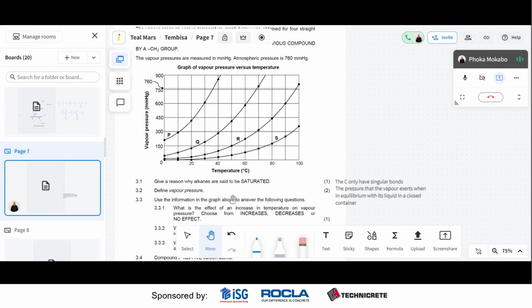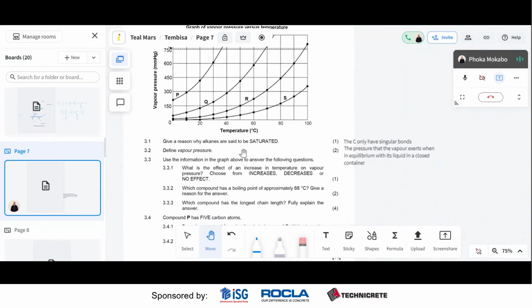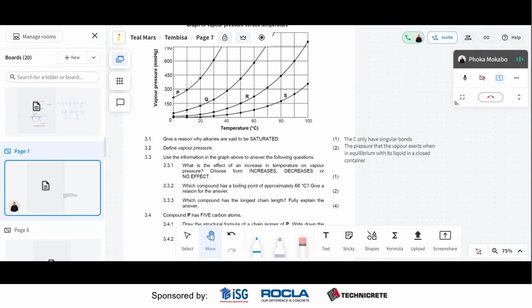So, use the information in the graph above to answer the following questions. What is the effect of an increase in temperature on vapor pressure? Well, the increase of the temperature would lead the vapor pressure itself to increase, right?